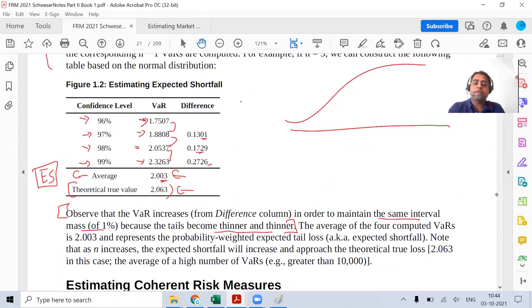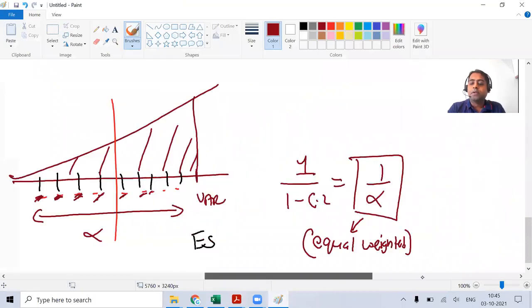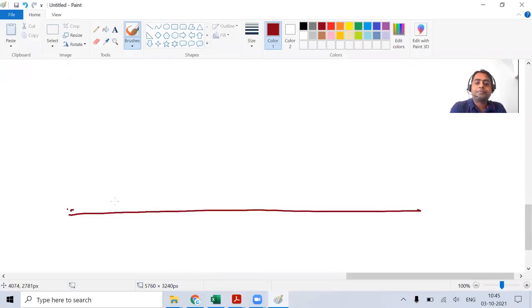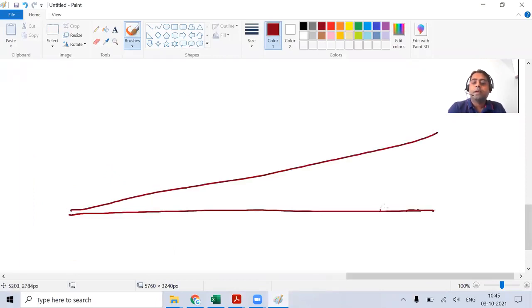If I show you in a very simple way, think about this. Suppose this is the tail. Okay, and suppose at the 5% point, you have 1.645. This is the 5% point.